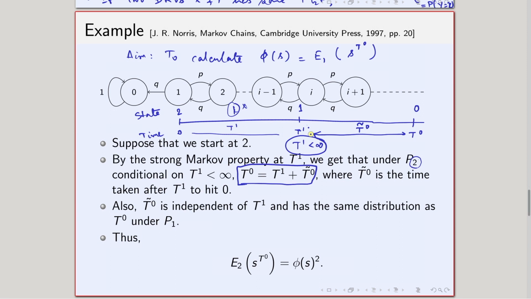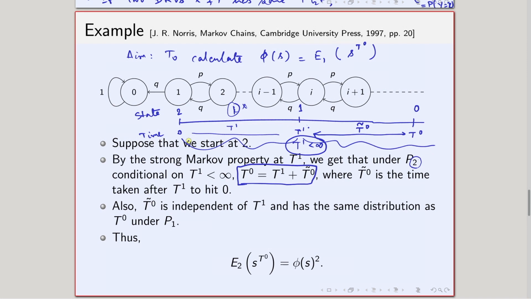Okay. Strong Markov property also tells us that this part of the Markov chain is independent of this part of the Markov chain. The future part is basically a Markov chain that starts afresh at the time t1. Not only that, this part is independent of this part. Now, t1 depends only on this part. Okay.